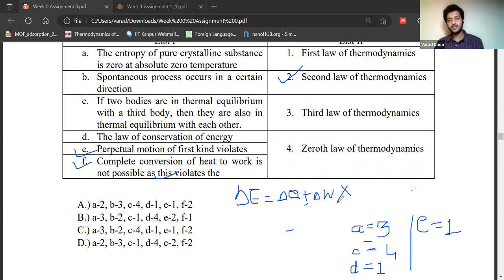However, the first law does not tell us how much heat can be converted into work and how much work can be converted into heat. That is the second law, which tells us that heat is a lower grade of energy, whereas work is a higher grade of energy. We cannot convert all the heat into work, but all the work can be converted into heat. So this is the second law. That means F is 2, right? And this is the correct answer, right?